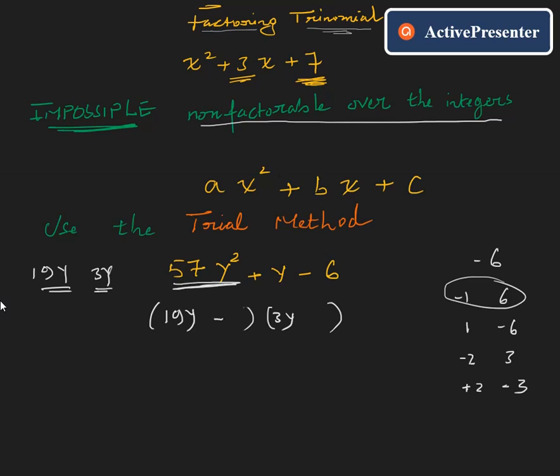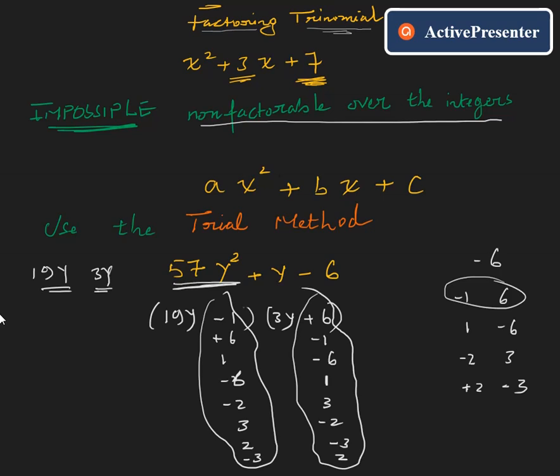For example, you check here minus 1 and here plus 6, and also here plus 6 and here minus 1, and here 1 and here minus 6, and also here minus 6, here 1, and you check here minus 2 and 3, and here 3 and minus 2, and here positive 2 and minus 3, and here minus 3 and 2. You have to check them all.